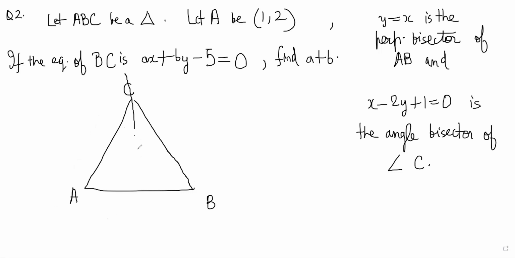Angle bisector is like this. And there is an angle bisector of angle C and a perpendicular bisector of AB. Those don't have to be the same lines, right? Correct. My figure is really bad.